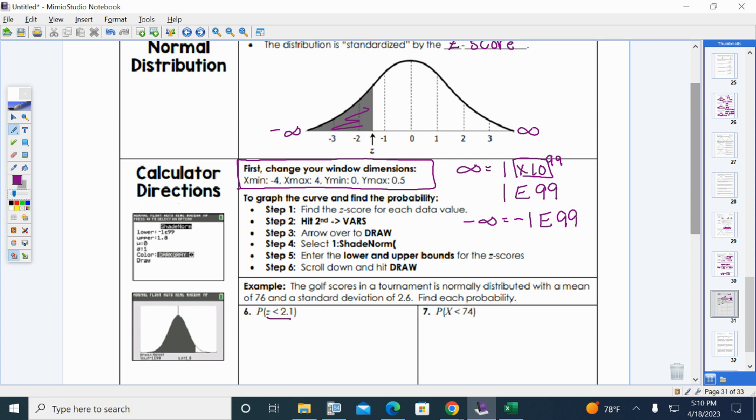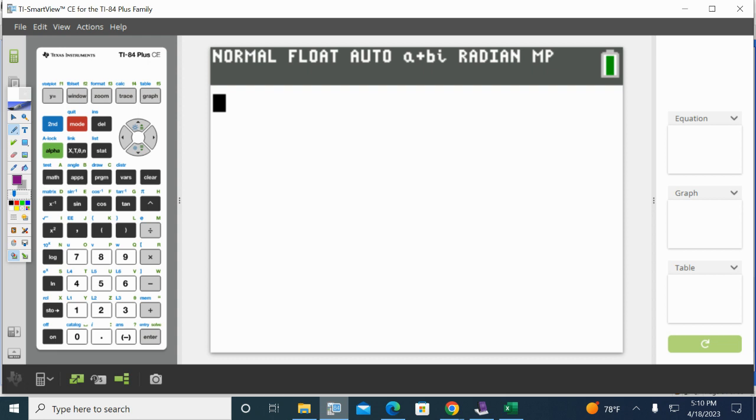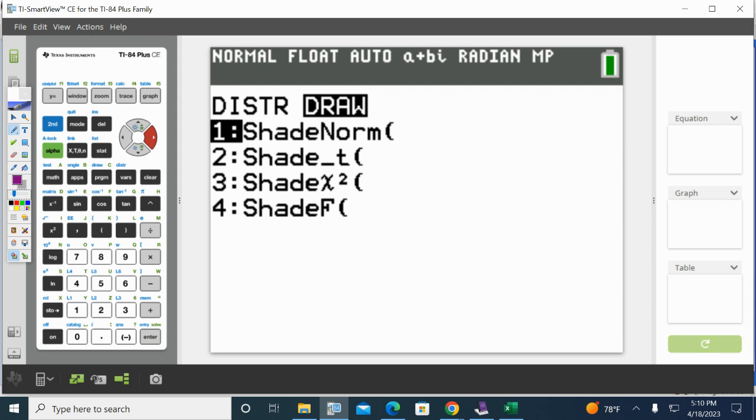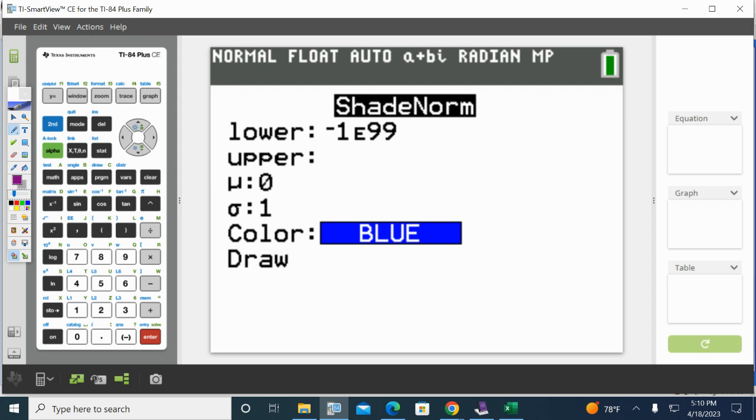The second step says to hit second and then vars. Second vars is to the left of clear. The next step, if you look at your paper, says to arrow over to draw. So I'm going to arrow over to draw. Step 4, select number 1, shade norm. This is where we need to set up our lower boundary and our upper boundary.